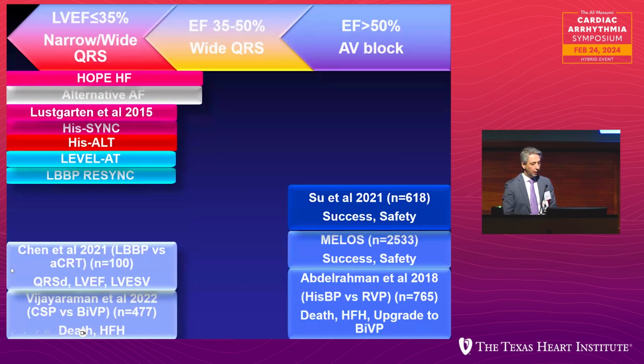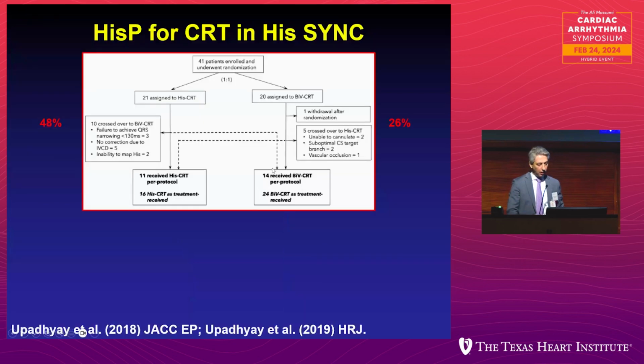There are a number of retrospective studies of various sizes, and we'll discuss a few of them to illustrate some of the potential results we may expect from conduction system pacing. Not so much in the mid-range ejection fraction, neither from randomized clinical trials nor from retrospective data.